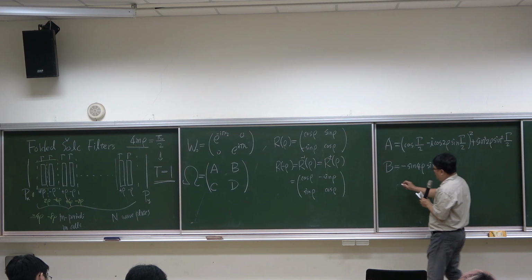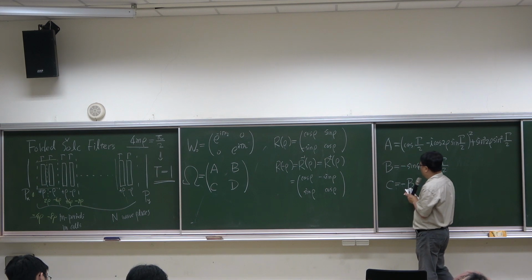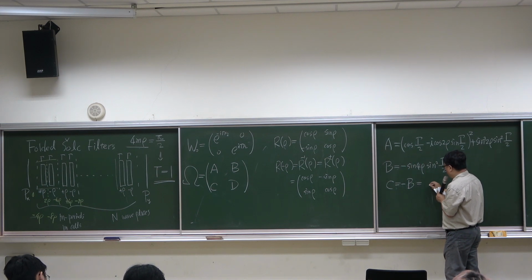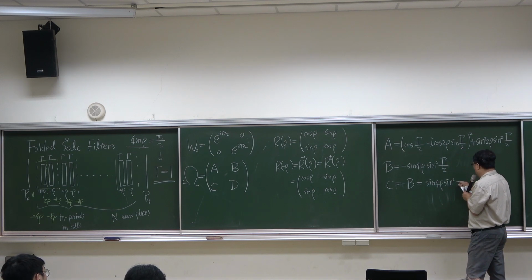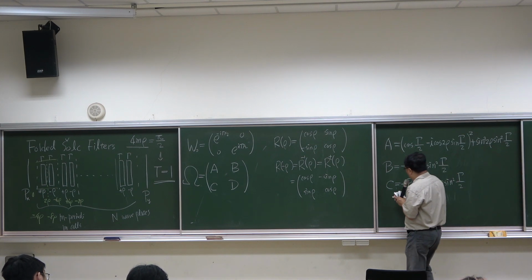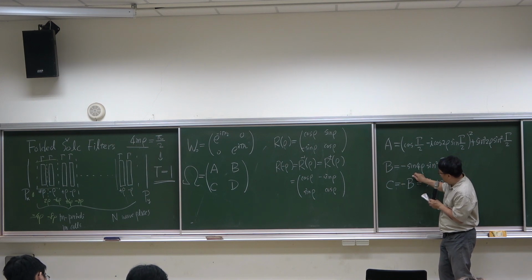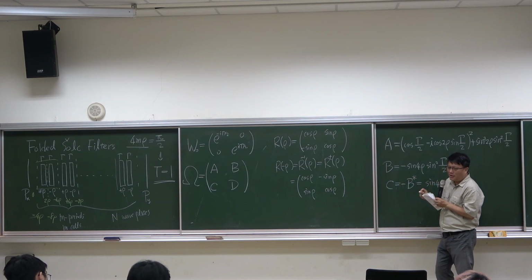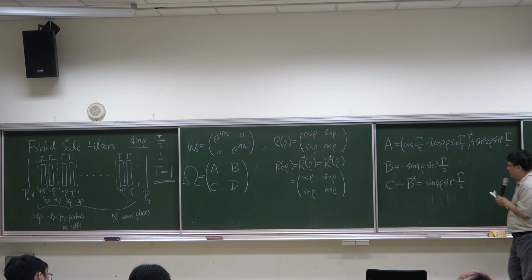And the C is indeed minus B and is equal to sine 4 rho sine squared half gamma. And then finally, in fact, C is minus B star. Star means complex conjugate.